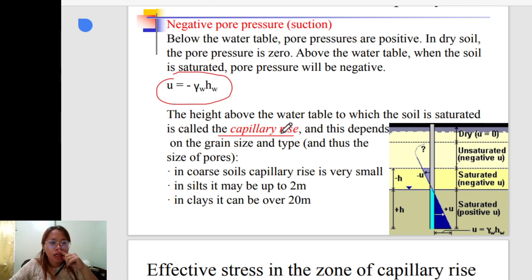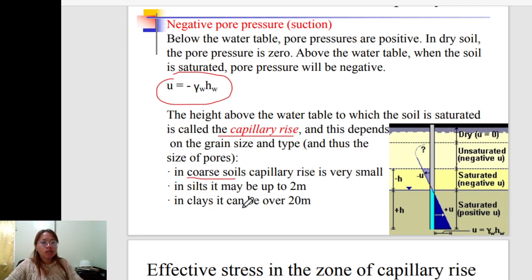The capillary rise depends on the grain size and size of pores. In coarse soils, capillary rise is very small, no? When the soil is coarse. In silts, it may be up to 2 meters, and in clays, it may be up to 20 meters, no? So we have here a figure.